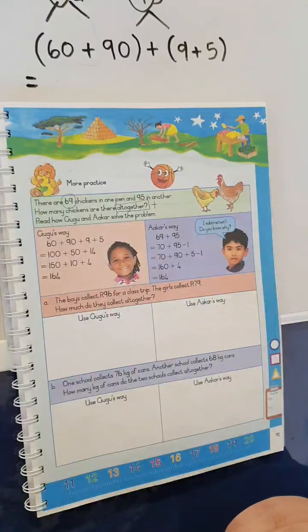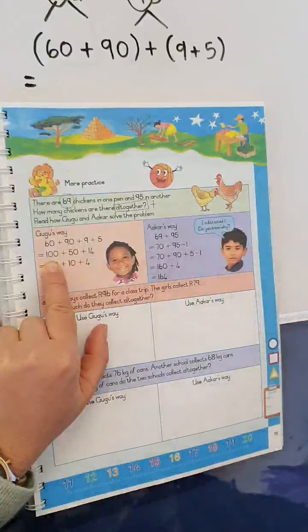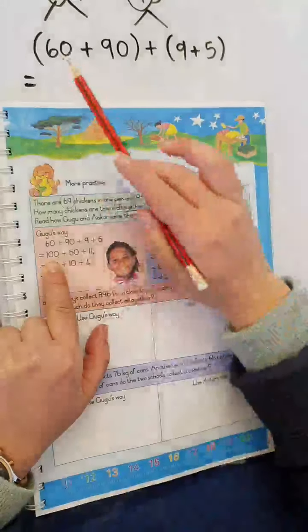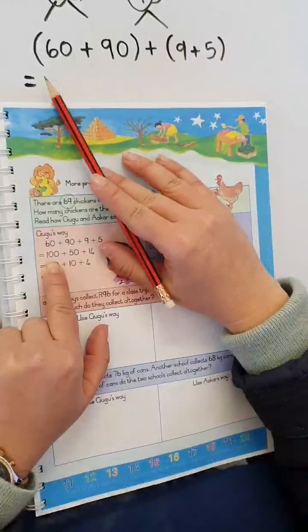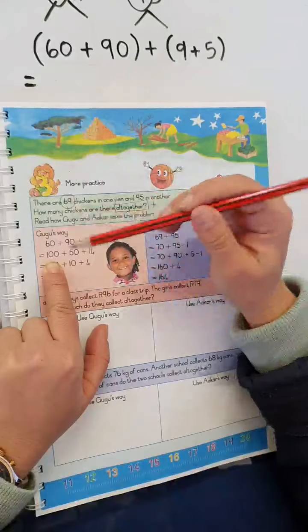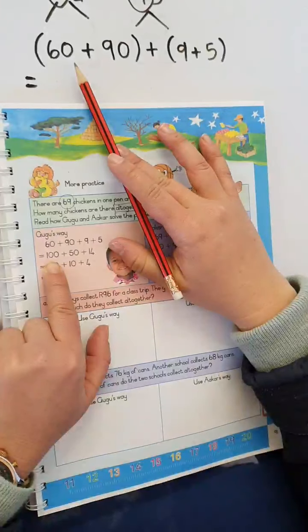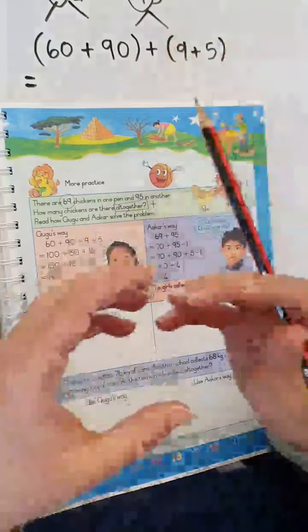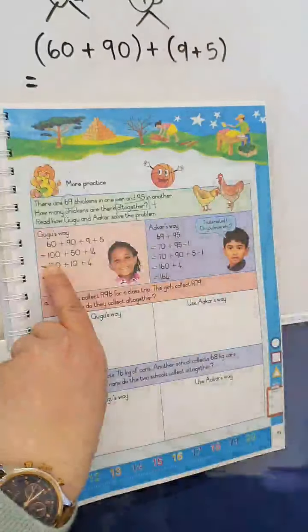60 plus 90. Now look here. Why do you think it's 100? Because 60 plus 90 is not 100. Nay, because 6 plus 9 does not give you 10. So what did she do? Now she saw that 60 plus 90 will be more than 100.